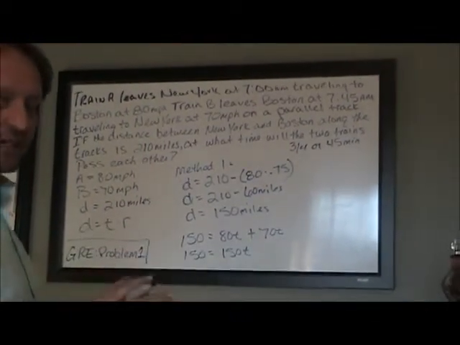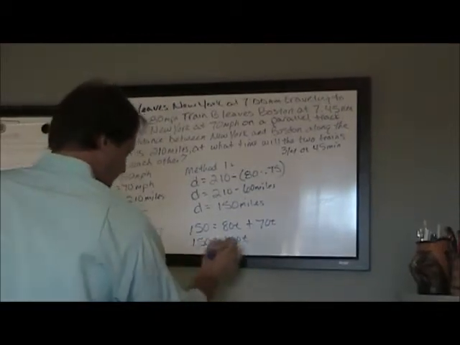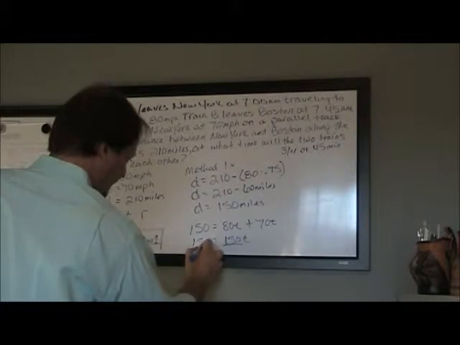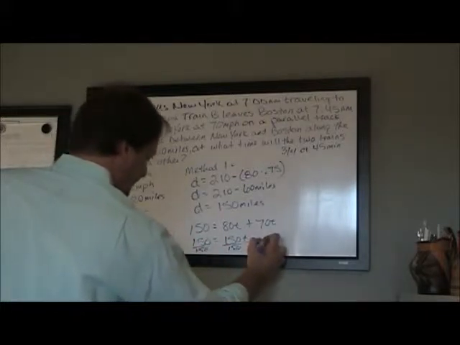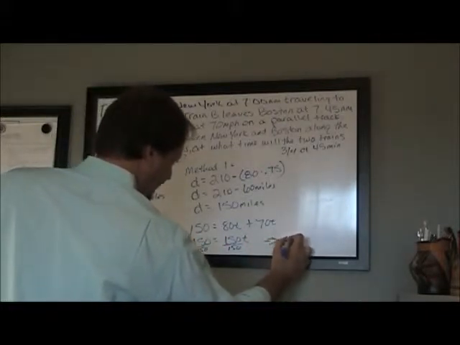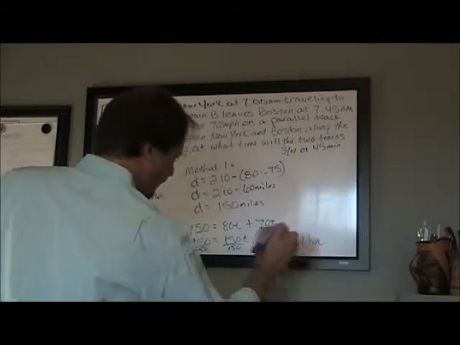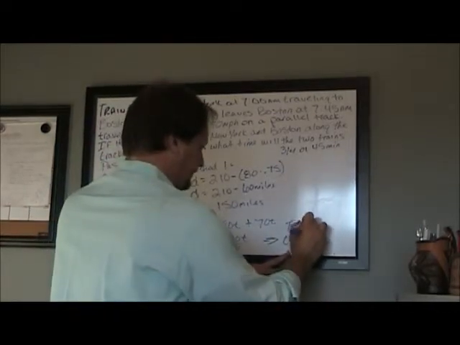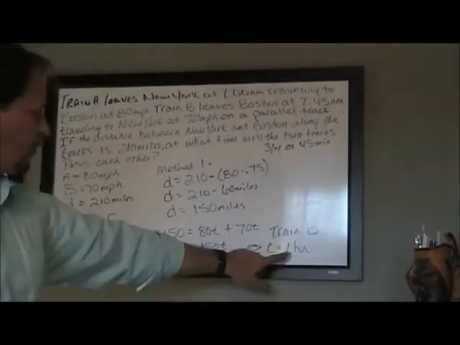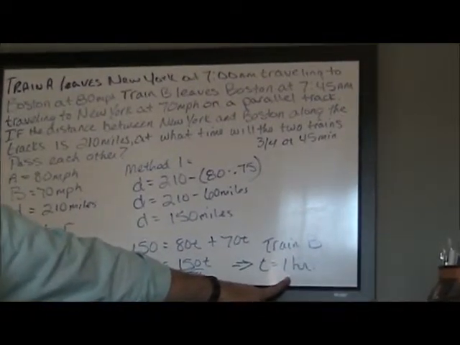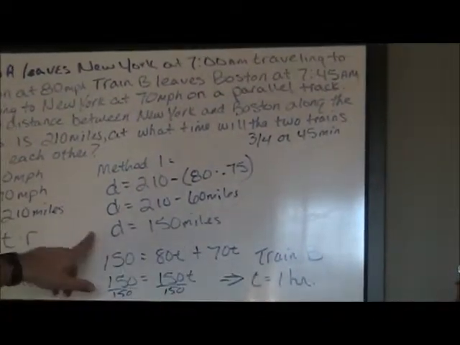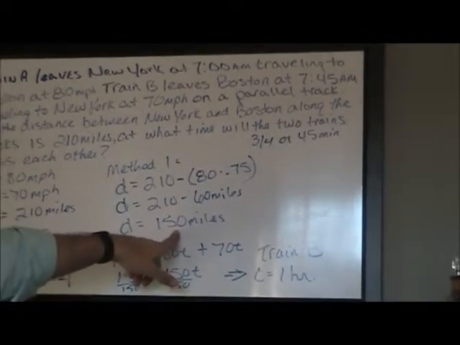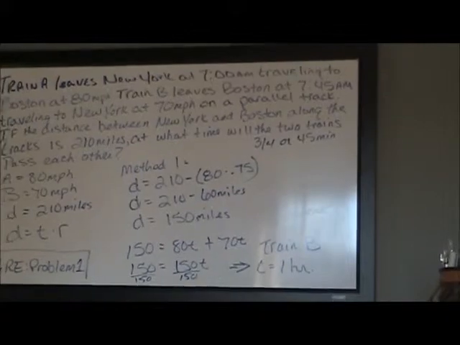How long did the trains travel? By manipulating the formula, basically dividing both sides by 150, you get time equals 1 hour. So this means that train B traveled 1 hour and train A traveled 1 hour during this 150 miles before they passed.